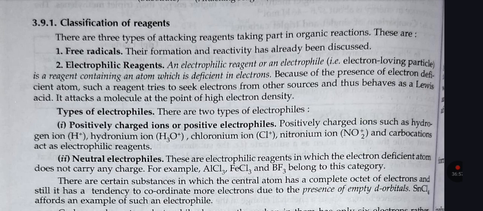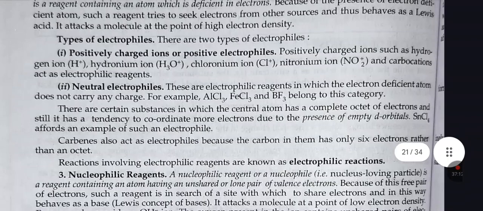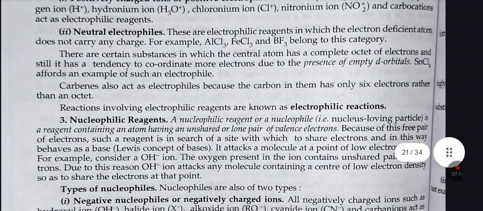Positively charged ions such as hydrogen ion, hydronium ion, chlorinium ion, nitronium ion, and carbocation act as electrophilic reagents. Neutral electrophiles. These are electrophilic reagents in which the electron-deficient atom does not carry any charge. For example, AlCl3, FeCl3 and BF3 belong to this category.